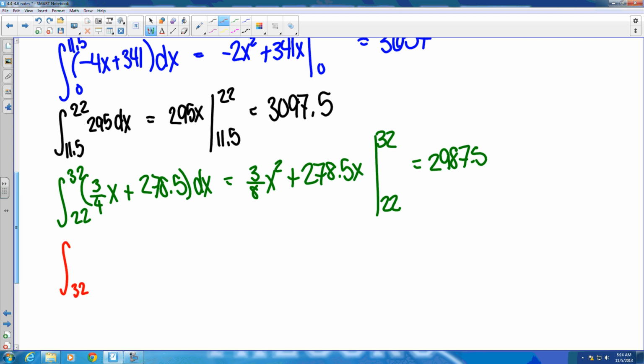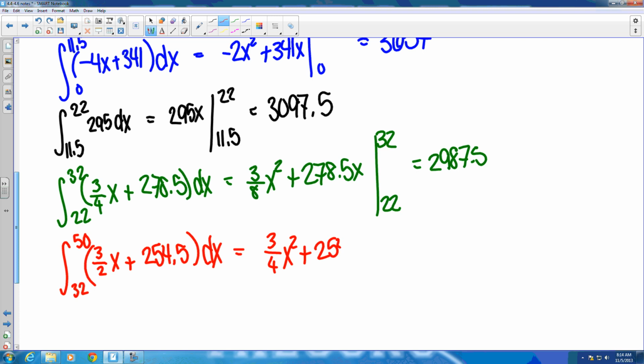Next one is from 32 to 50: 3/2 x plus 254.5 dx. Take the integral, and it's 3/4 x squared plus 254.5x, evaluated from 32 to 50, which is 5,688.